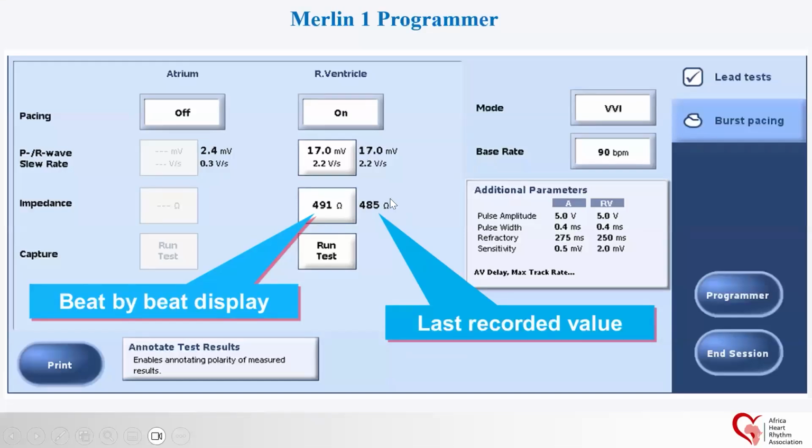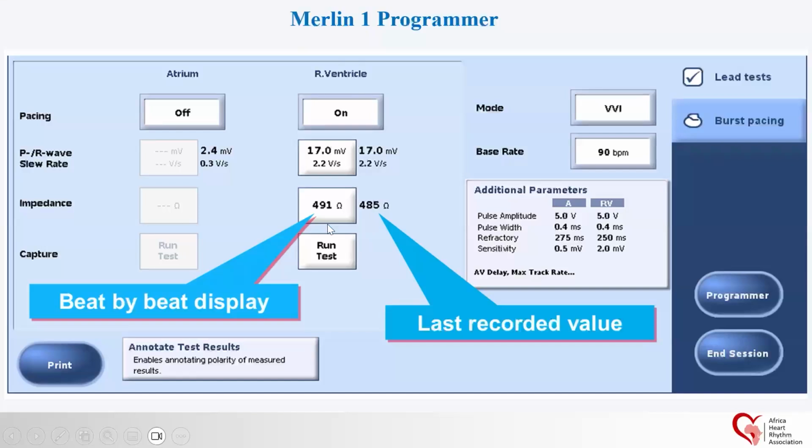We said that we have a normal value if the value is between 200 and 1000. In this case, we can see that the right ventricle lead is in a good position because we have a good sensing and we have a good impedance.